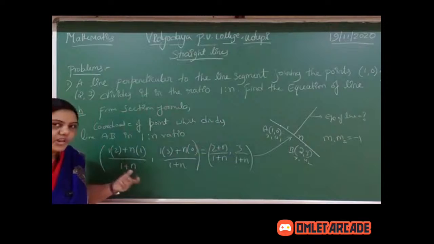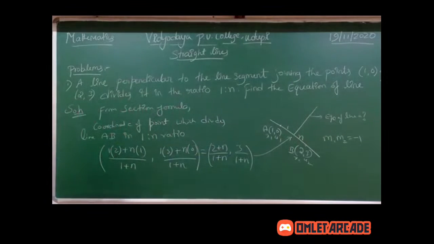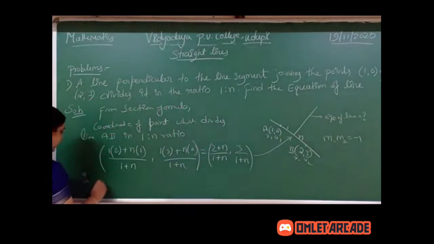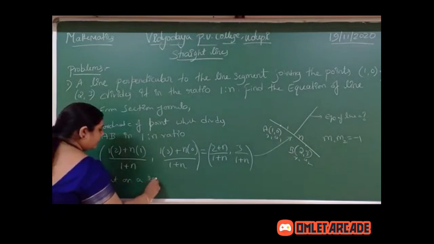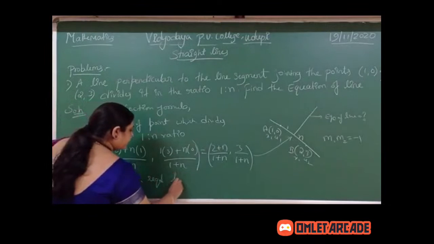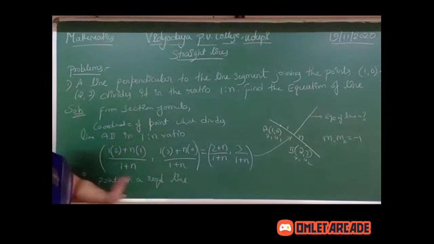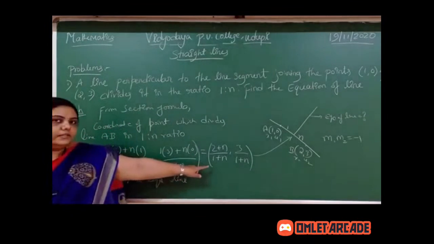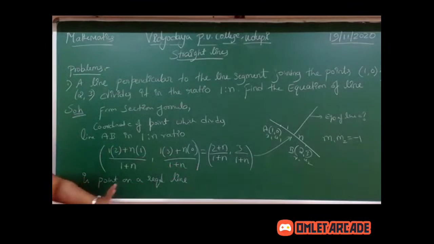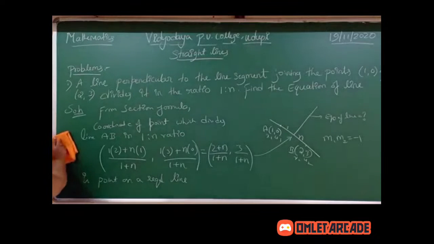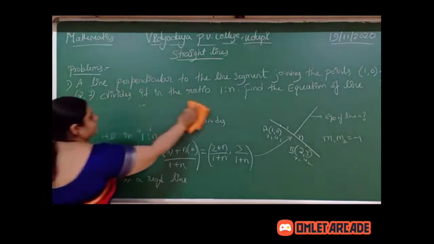So finally we got at least one point on the required line. We got a point on the line. Now we will see how to find the slope. So this is the first part. Still it is not over.